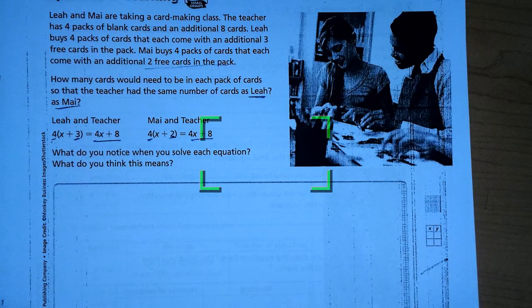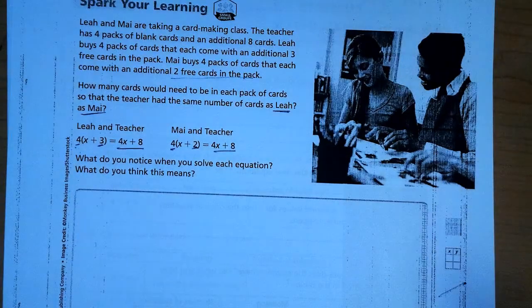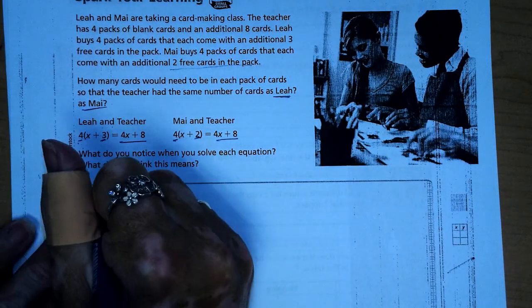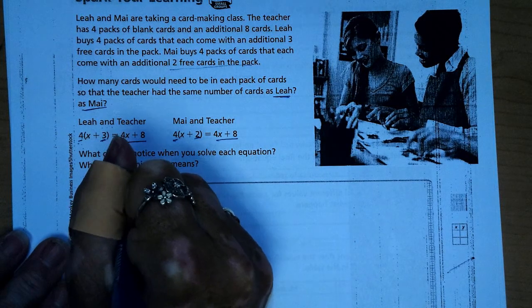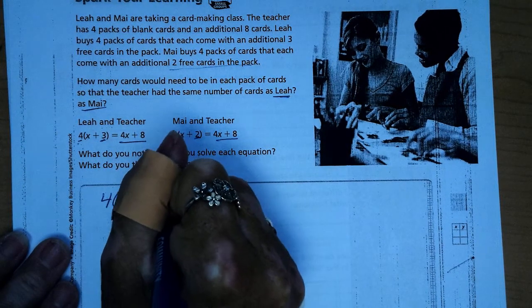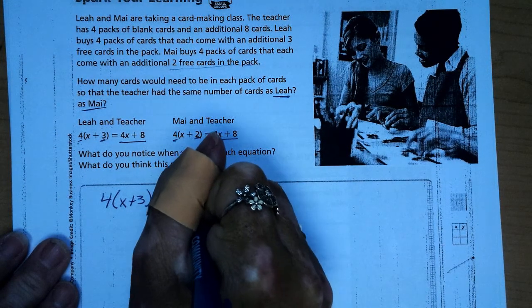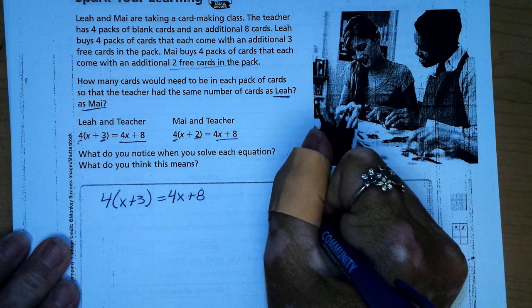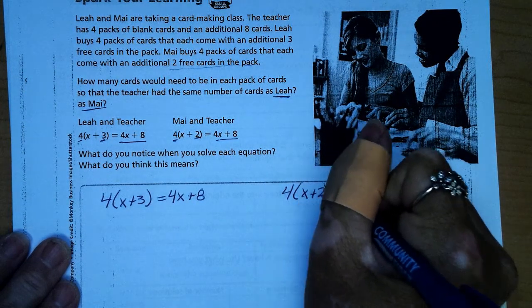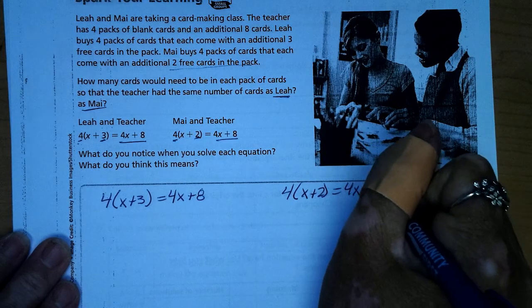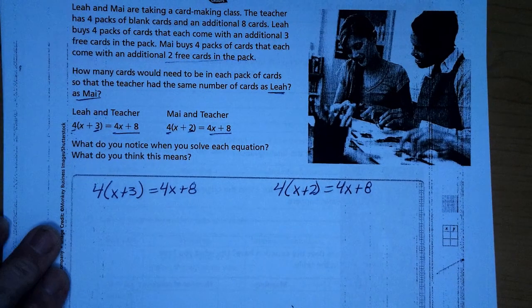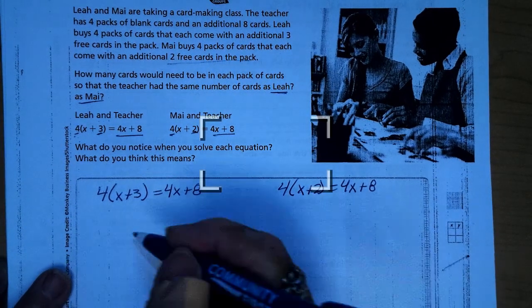All right, so what we are going to do is we're going to solve them just like we've always done. So we're going to distribute, but I'm going to rewrite them down here. And then 4 times x plus 3 equals 4x plus 8. All right, so distribute.